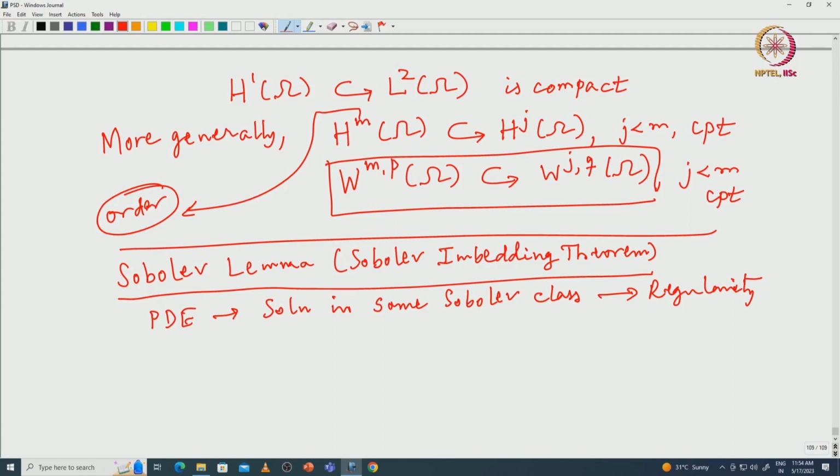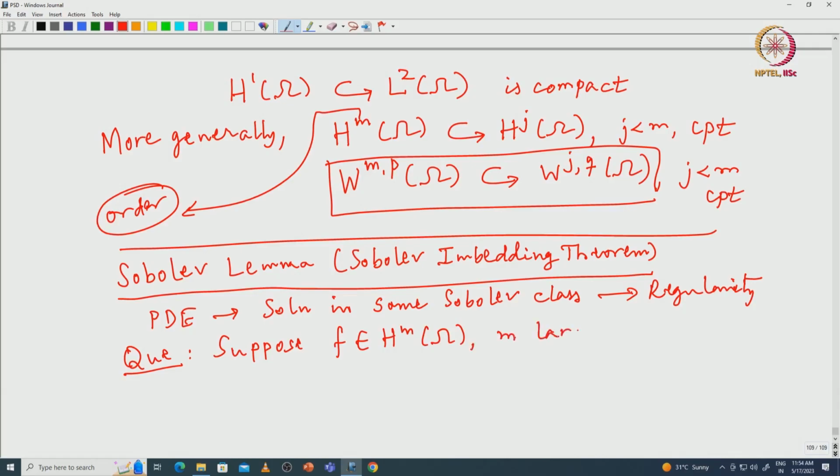So, now the natural question is, if a function belongs to Hm for m large, is it going to be continuous? That is the question. Suppose f belongs to Hm(Ω), m large.